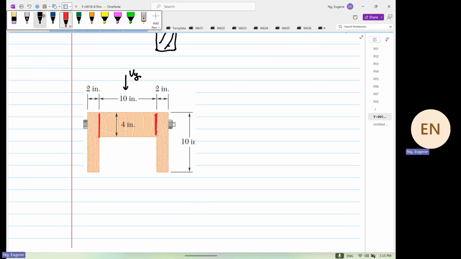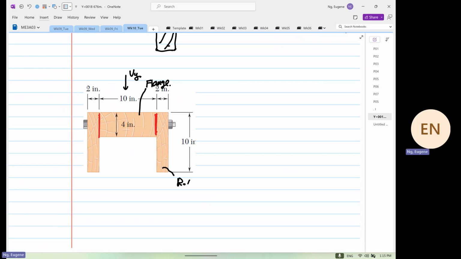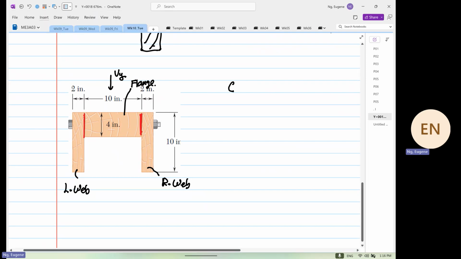So this is our flange, this is our right web, and this is our left web. So the first thing we do is find our centroid. I don't have our centroid information, so we are going to determine it.